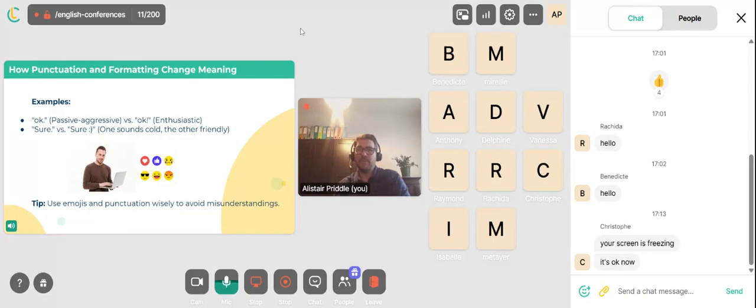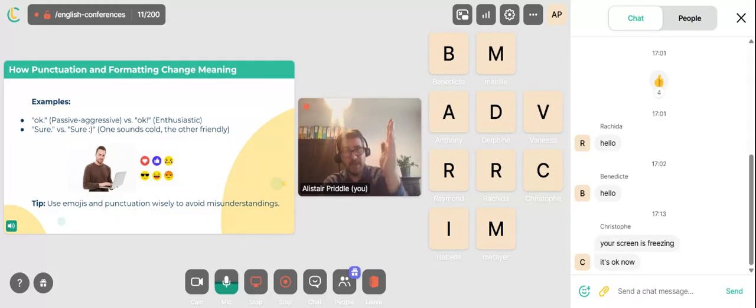Well, we're also going to think about how punctuation and formatting change meaning. We've got some examples. "Okay." is passive aggressive, versus "Okay!" with an exclamation mark, which is enthusiastic. So okay on its own, passive aggressive.